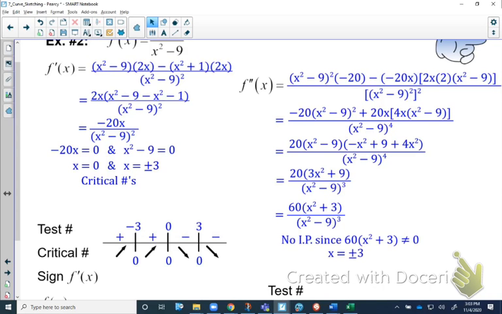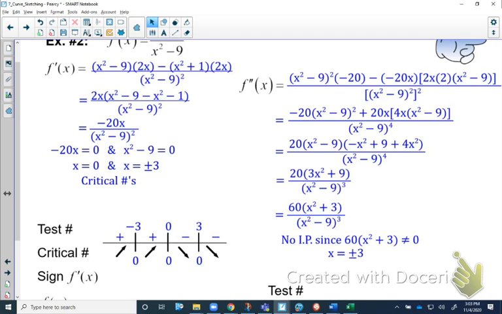Now, in this case, the numerator is not going to be able to be set equal to 0, because, as we established at the beginning, there aren't any real roots here. So the numerator can't be set equal to 0. And if you try to set that expression, x squared plus 3, equal to 0, that's going to give you imaginary numbers. So no real roots here.